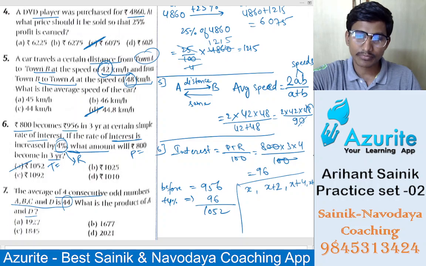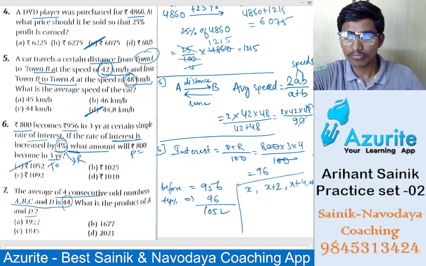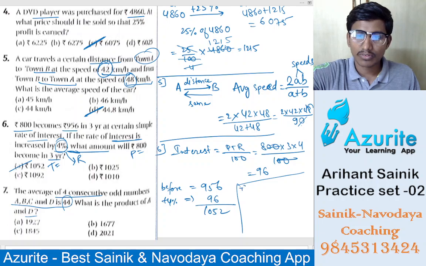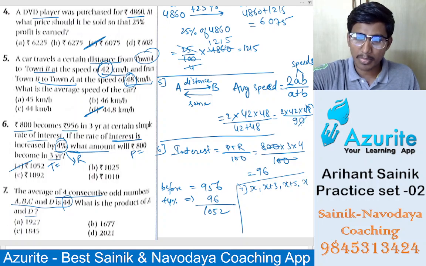Okay, now 4 numbers are there: x, x plus 2, x plus 4, and x plus 6.